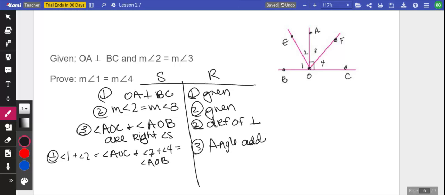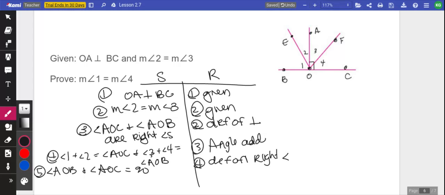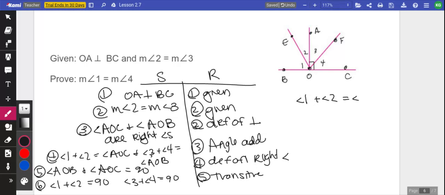Then angle AOC and angle AOB equal 90. Definition of right angle. Then angle 1 plus angle 2 equals 90. And angle 3 and angle 4 equal 90, transitive. So angle 1 plus angle 2 equals angle 3 plus angle 4, also transitive.